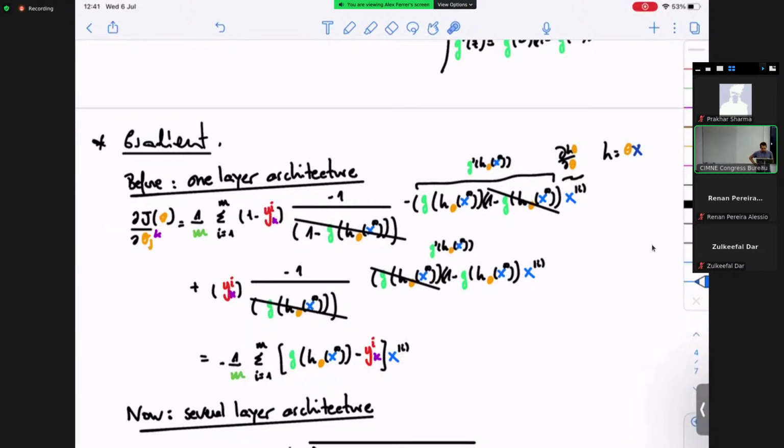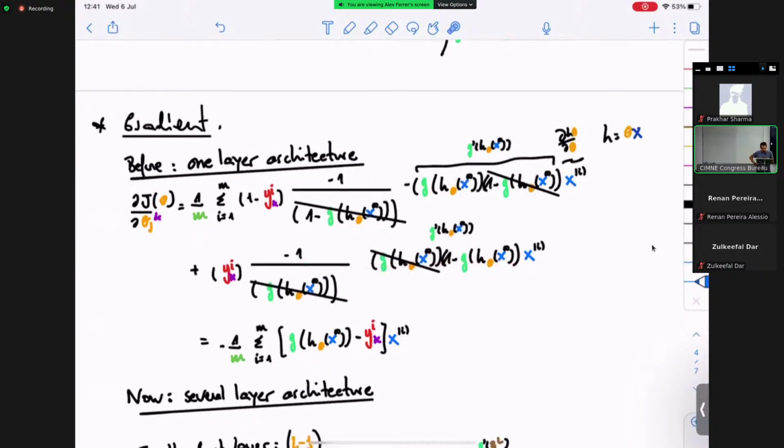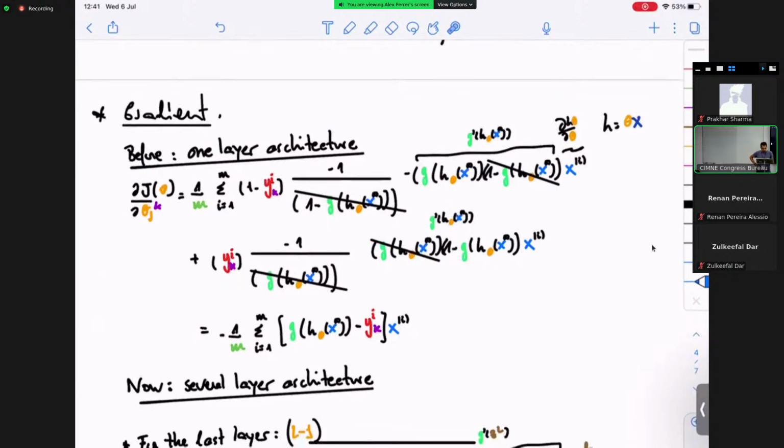And then the second part was the log, which was 1 divided by the function times the derivative of the sigmoid function, which was the sigmoid function times 1 minus the sigmoid function. So then we cancel this and this, and then we add them, and we have this formula here. Okay, this is what we had yesterday with one layer. Remember, this was very similar to the gradient of the regression.